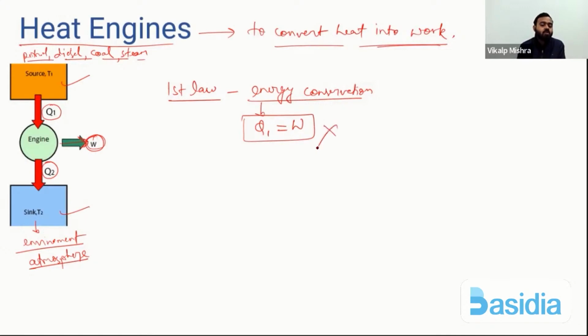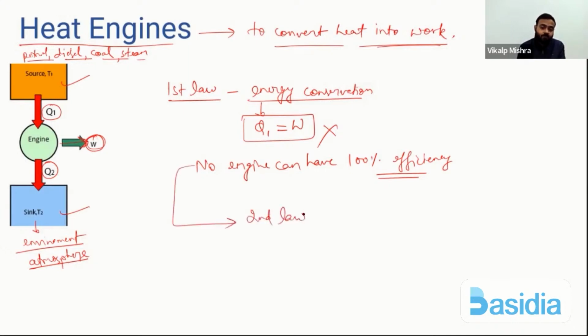But that is wrong, practically we can see. No engine can have 100% efficiency. Practically we know. No engine can have 100% efficiency, and that is our second law of thermodynamics.